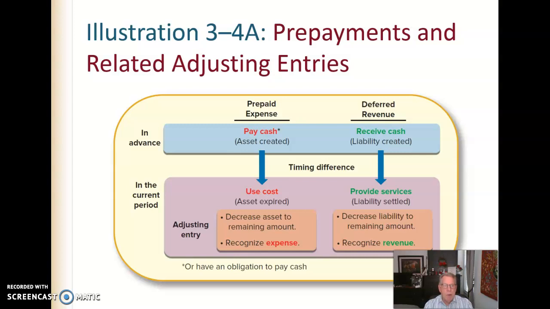Now, as we provide those services, we're going to decrease that liability because we are removing that liability as we actually recognize real revenue on the income statement. So we would debit our deferred revenue account, which would reduce that liability, and credit revenue on the income statement.